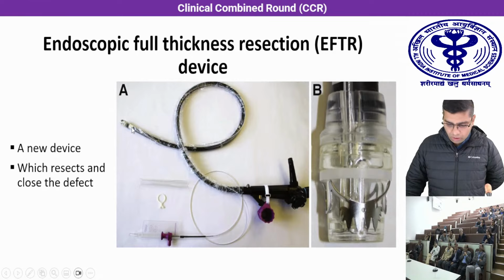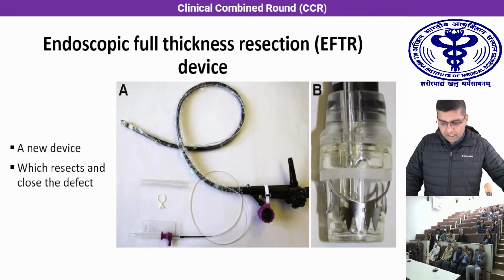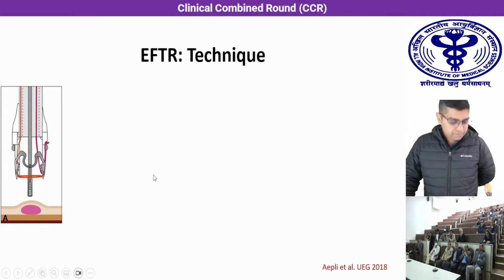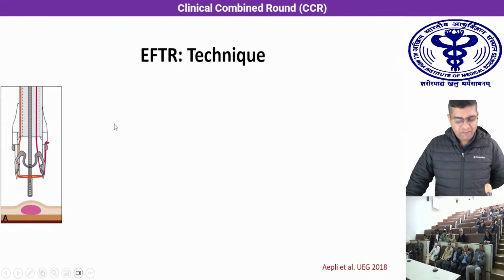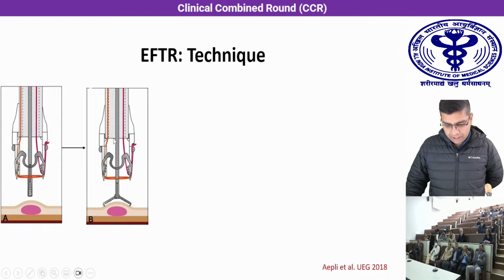This device also has a snare, which is used to resect and cut the lesion, and which is attached to the electrocautery device. In this technique, through the scope, we use a grasper forceps to take hold of the lesion and pull it into the cap.